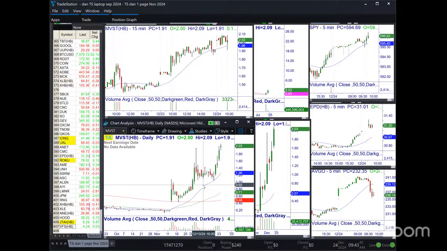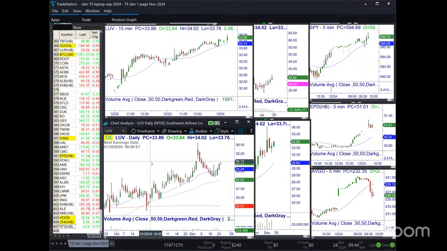That low alarm 170. Up alarm 220. LUV doing great. Can move stop to break even.